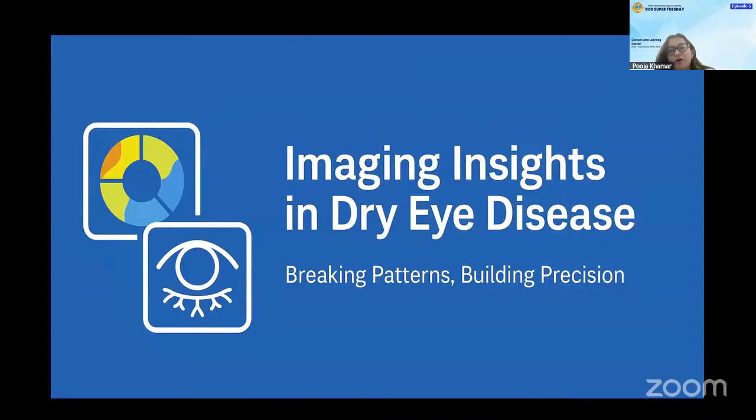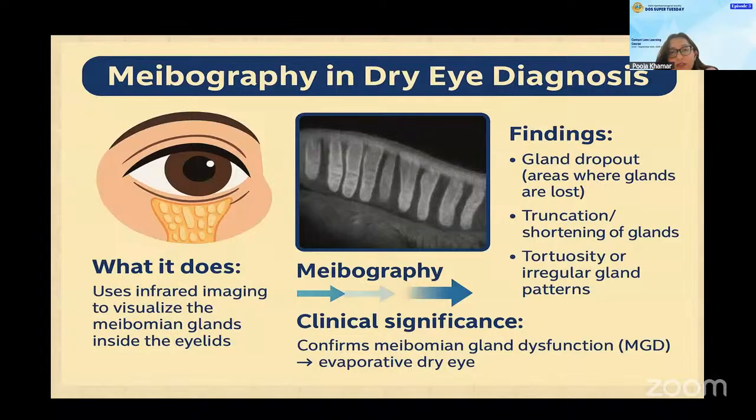Now, moving forward from the basic diagnostics to a little bit more advanced, the second tool which helps a lot is meibography in dry eye diagnosis. Meibography is where you can look at the health, density and quantity of the meibomian glands, because that helps a lot in deciding where your treatment should move to. It is done using infrared imaging to visualize the meibomian glands inside the eyelids, both upper and lower lids.